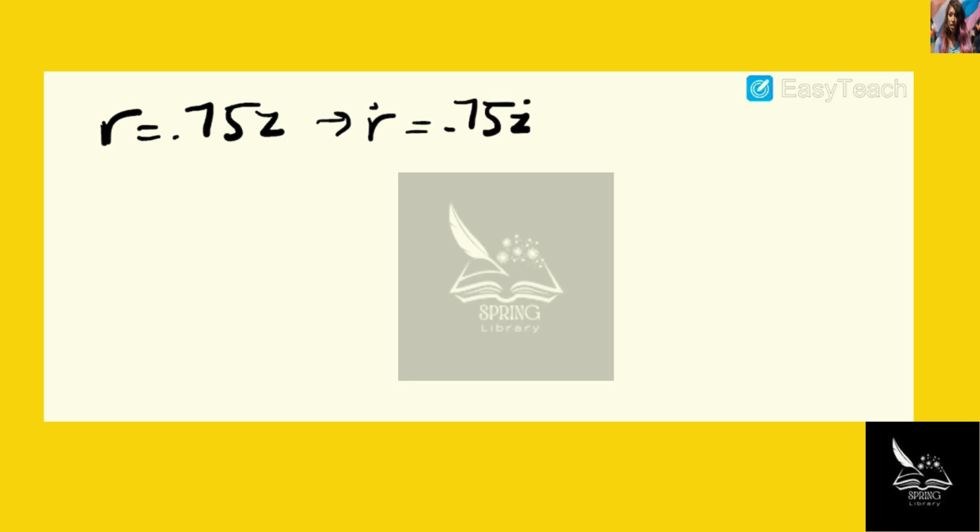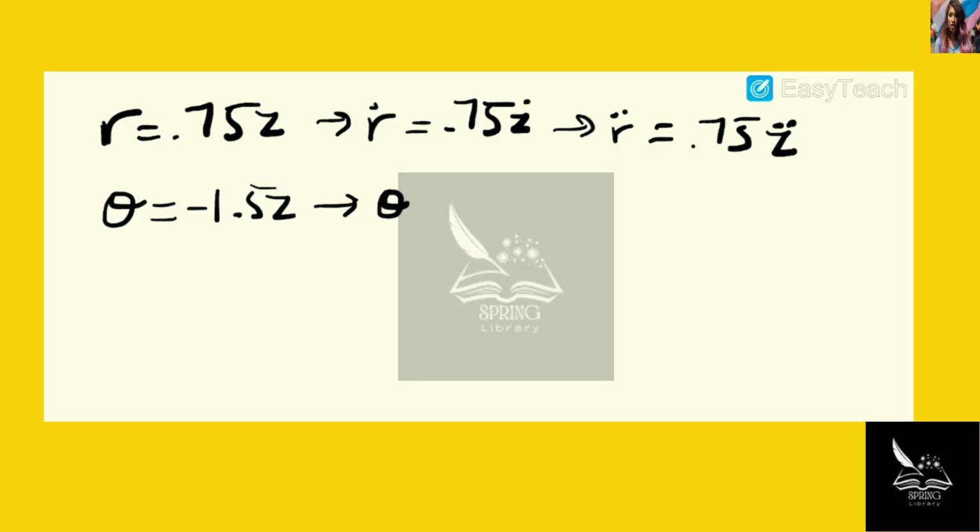First of all, we know that r is equal to 0.75z. Therefore, we know that r dot is 0.75 z dot, and that r double dot is equal to 0.75 z double dot. Next, we know that theta is equal to negative 1.5 z.